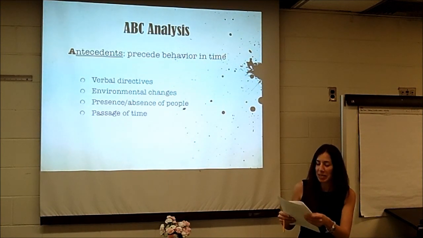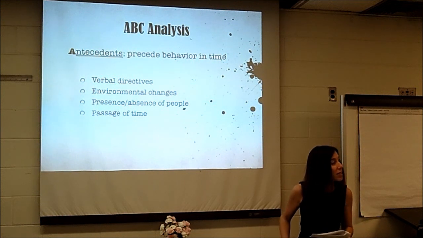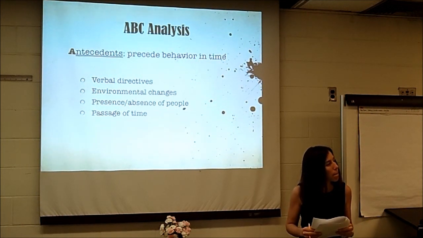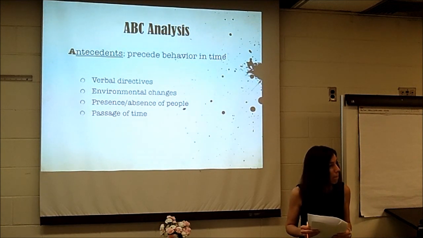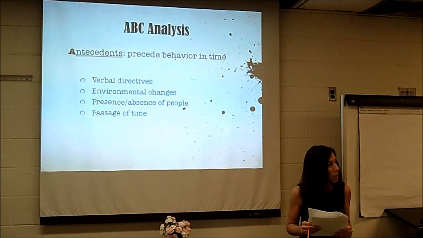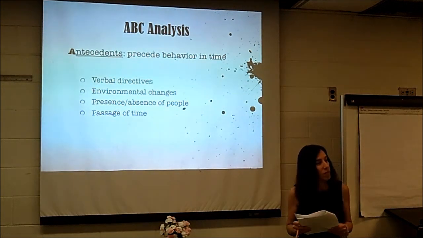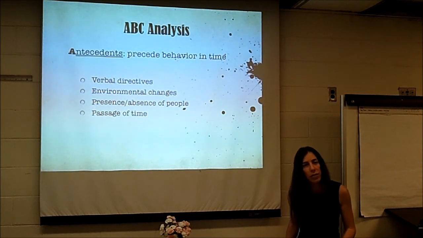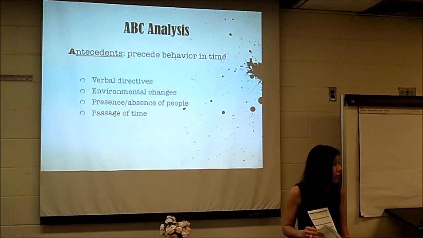That's it, antecedents. Can I just ask a quick question? Yes. When you say behaviors or the events that came before and after the behavior, do you mean what the child has done, or do you mean in general what might have been going on? In general. Right. So when we're talking about behaviors, we're talking about the child's behavior. Okay.